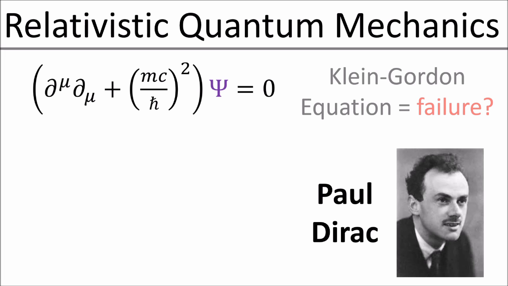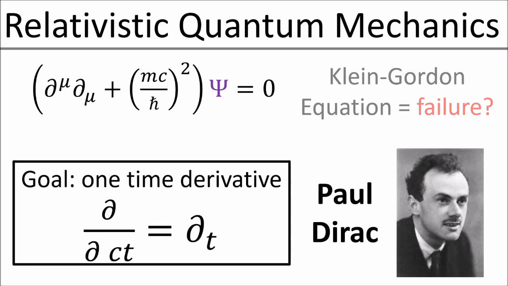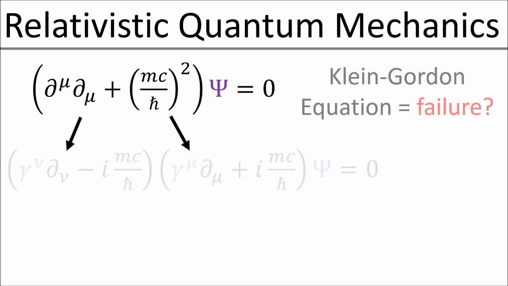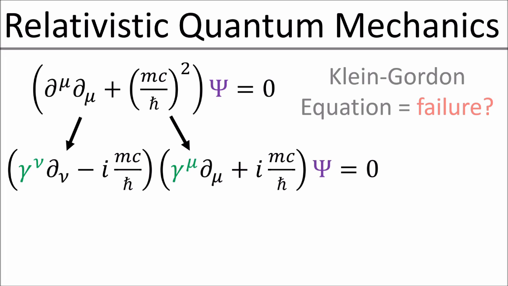Dirac tried to fix the failures of the Klein-Gordon equation by finding an equation with only a first derivative in time to prevent the probability density from becoming negative. Dirac tried to fix this by trying to find a kind of square root of the Klein-Gordon equation, and factoring it into two parts involving only first-order derivatives.